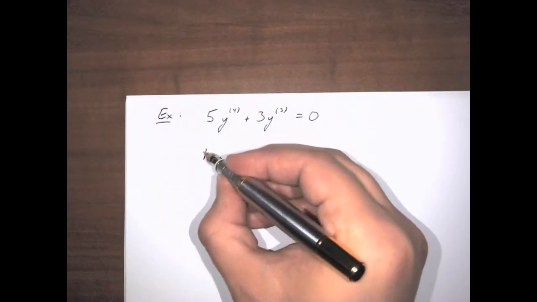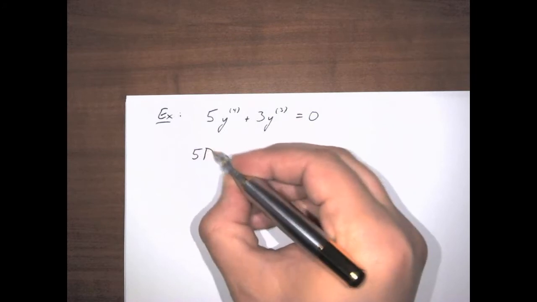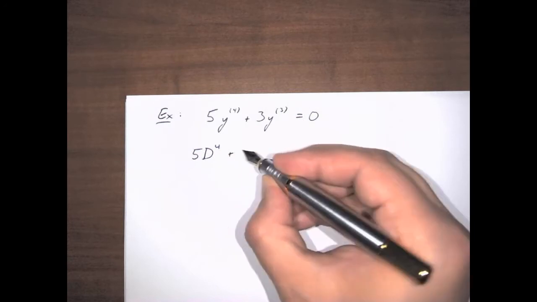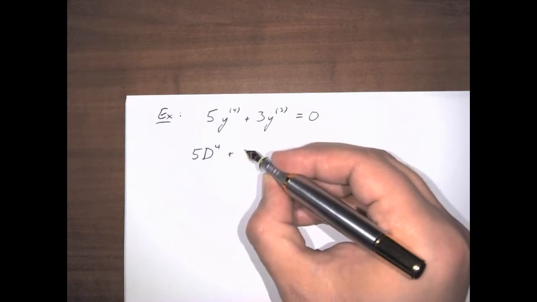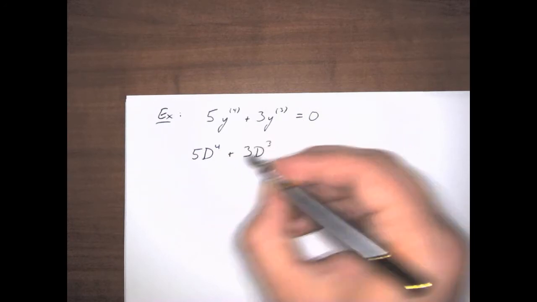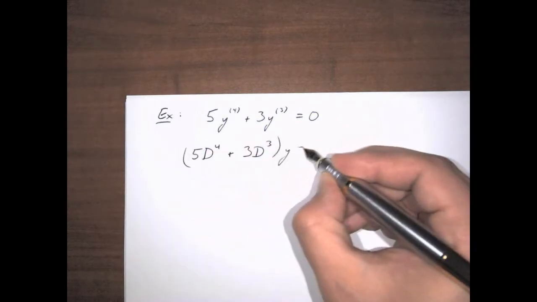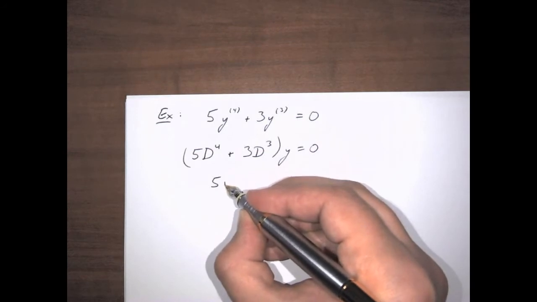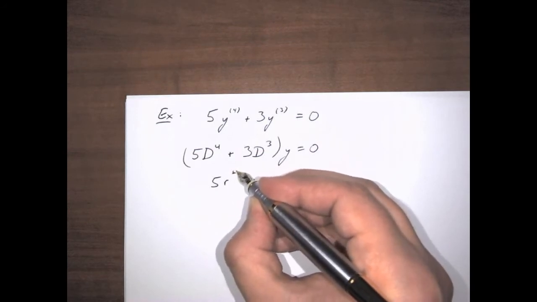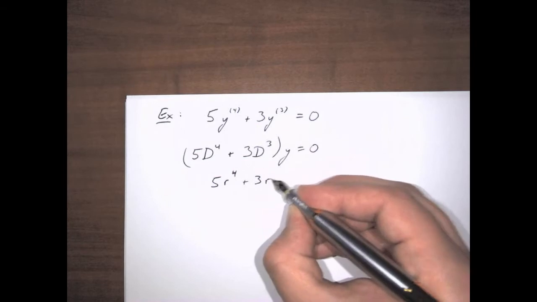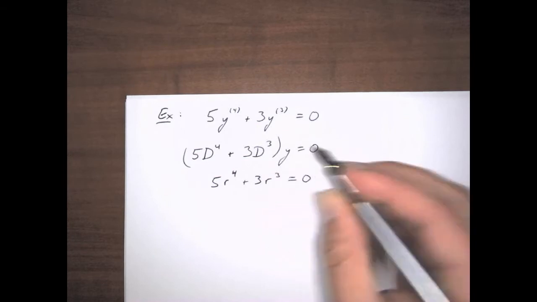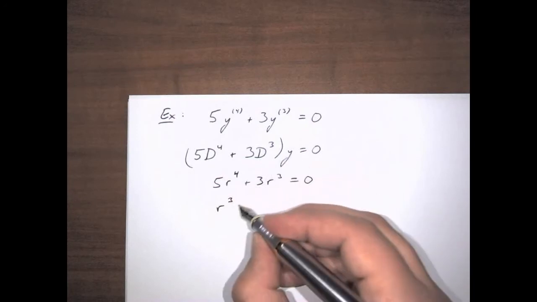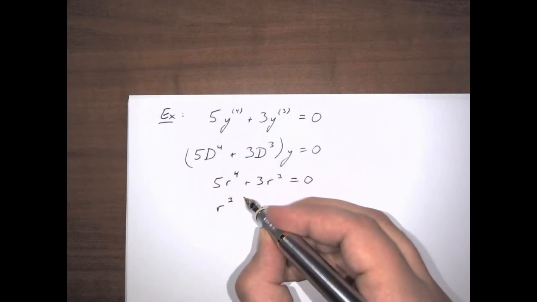So once again we'd be talking about the differential operator polynomial 5D to the fourth plus 3D cubed applied to y equals 0, which gives us the characteristic polynomial 5r to the fourth plus 3r cubed equals 0, which we can factor out a factor of r cubed from here.